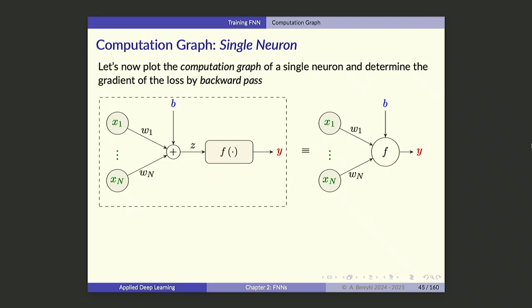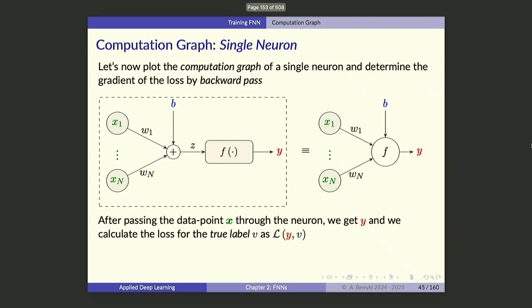And once I have y, I'm going to compare it with a true label v to find out how different they are. And then I'm going to compute the risk out of it, or the loss out of it, right? So this is the single neuron. And I do assume that I do have the label v. So once I have y, the loss that I want to compute is simply the loss of y and v.